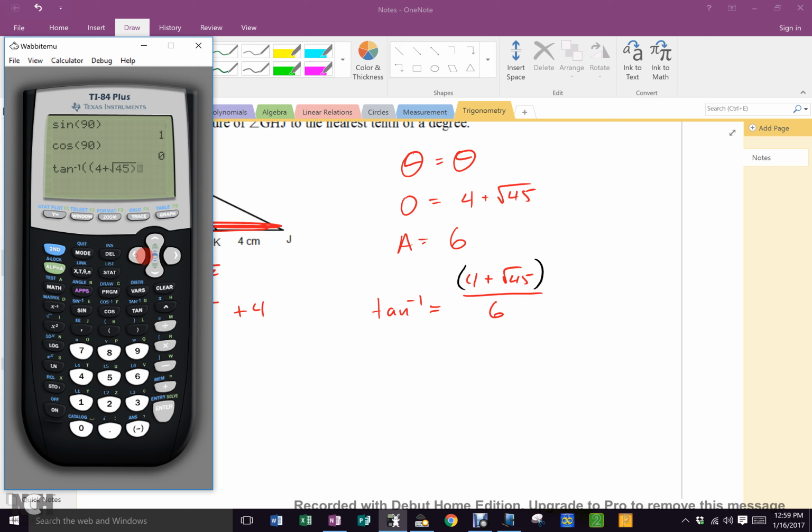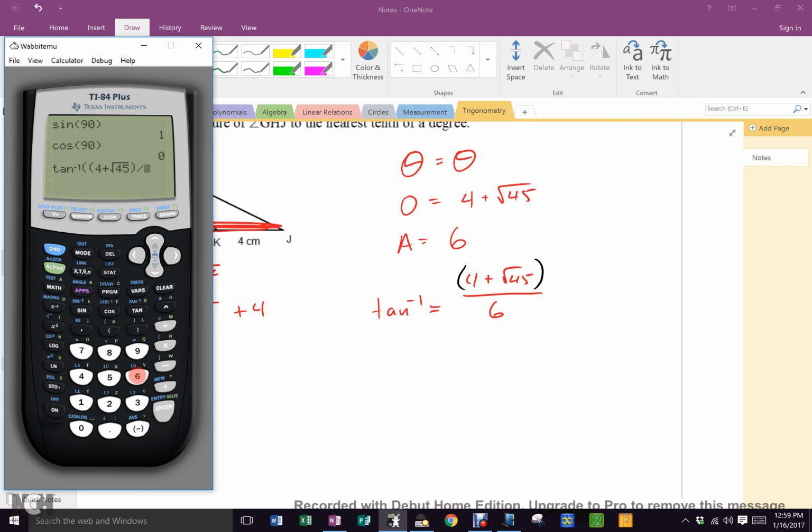Oops, I screwed that up. There. 4 plus root 45 in brackets, yes.